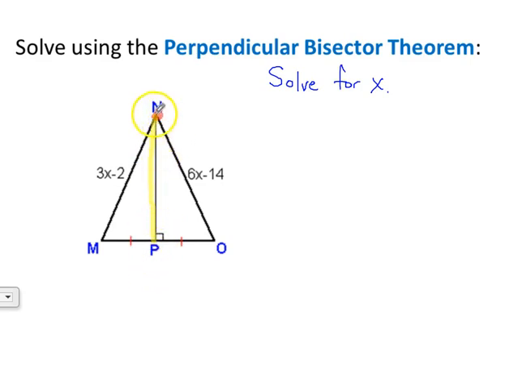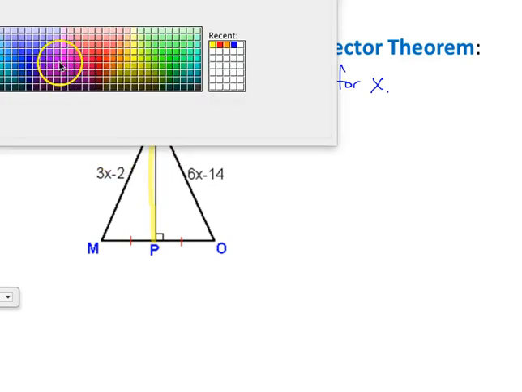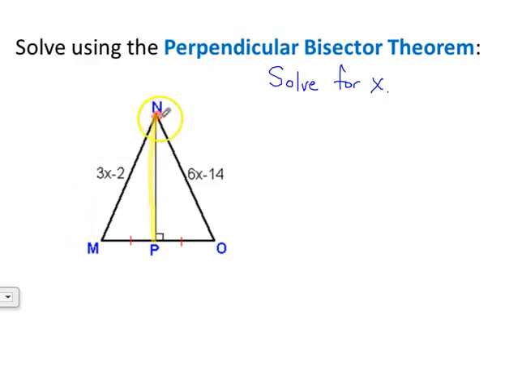Now point N lies on that perpendicular bisector. And we just learned that the distance between that point on the perpendicular bisector and the endpoint of the other segment has to be equidistant.